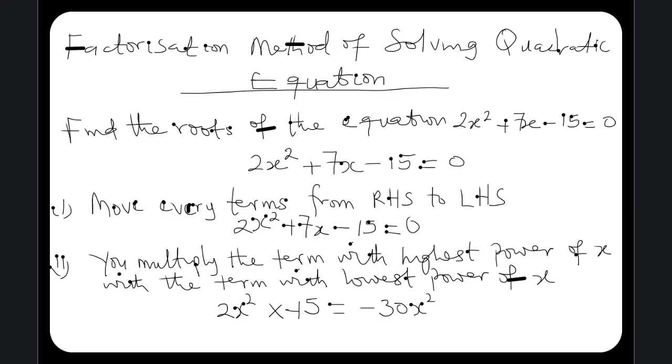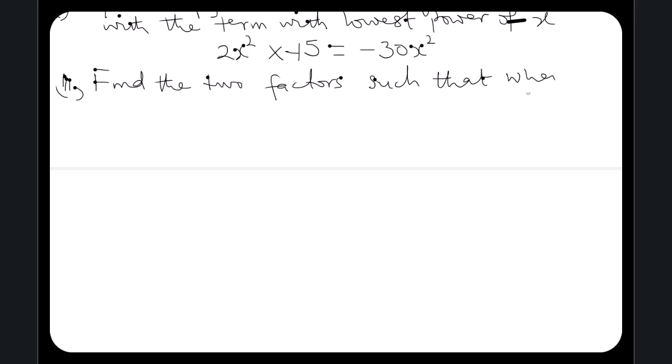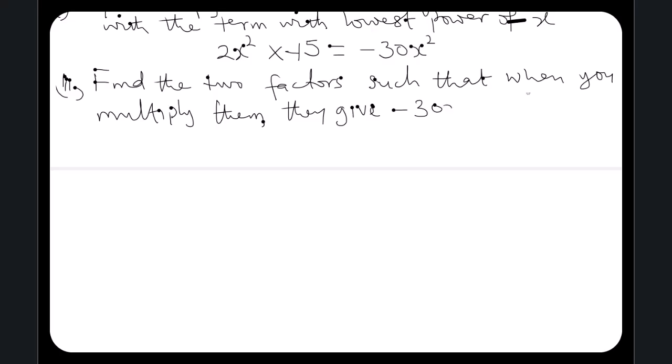What will be our next thing? You now find two factors such that when you multiply them, they give minus 30x squared.